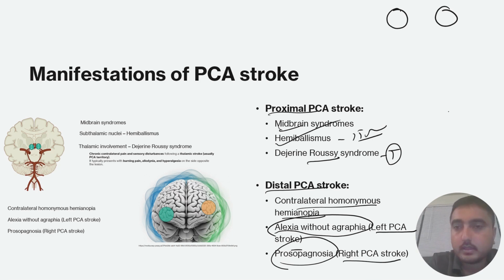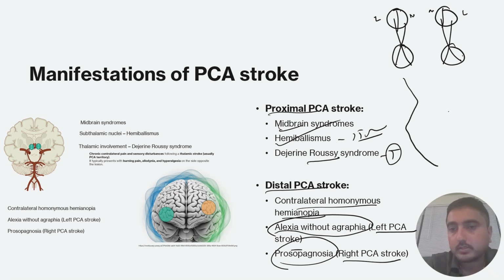So if we have the visual fields, the lateral side and the medial side of the visual fields, this would fall into the retina on the contralateral side, like the fibers would cross. The fibers from the lateral side would continue on the same side to reach the visual cortex, whereas the fibers from the medial side would cross to the other side before reaching the visual cortex.